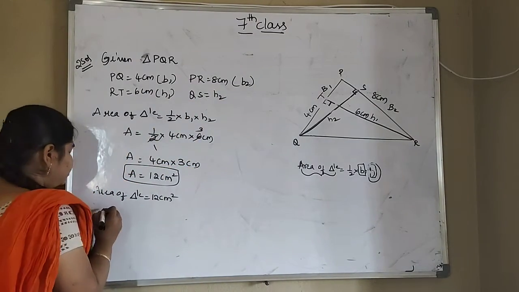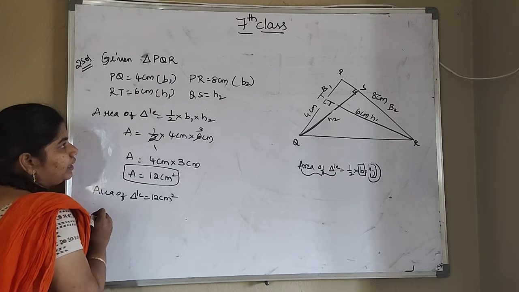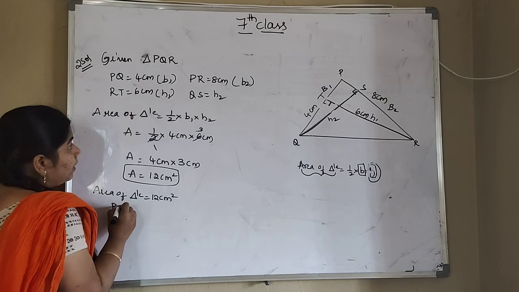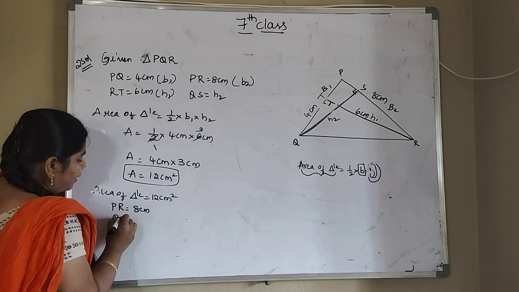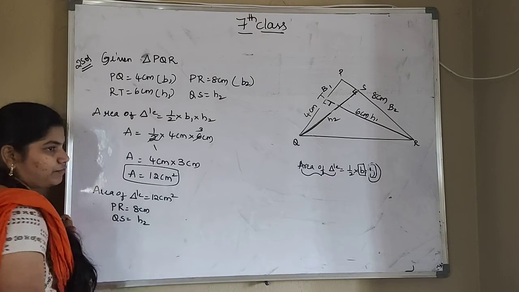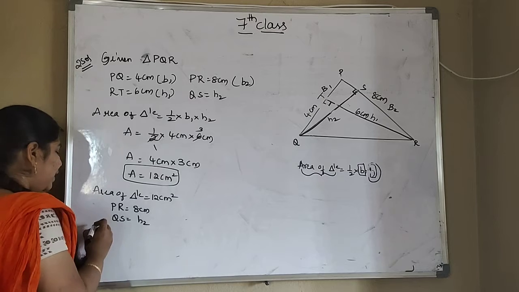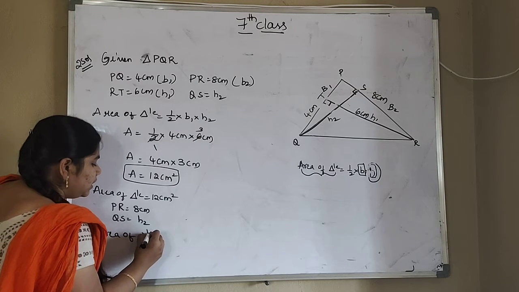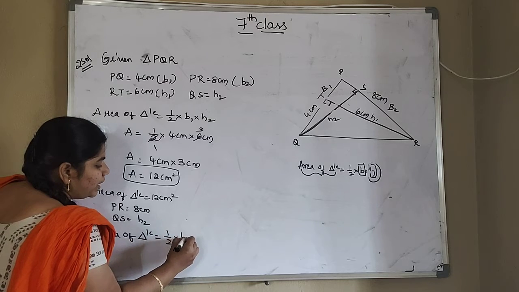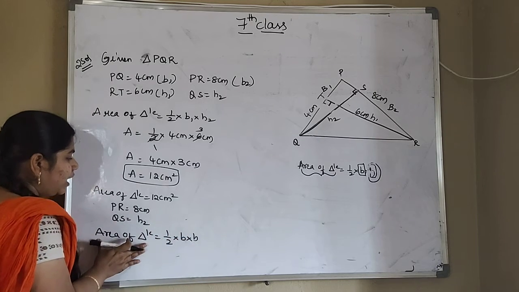So area of a triangle we know. PR is equal to 8 centimeters we know, and QS is height 2, which we have to find. So apply the formula now. Area of triangle is equal to half into base into height. So how much area did you get?